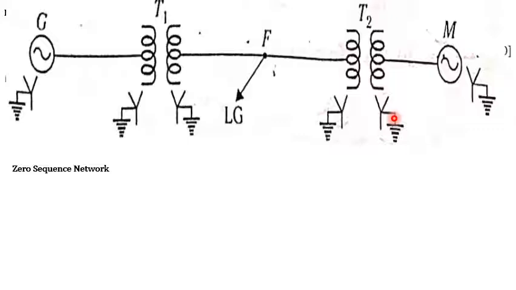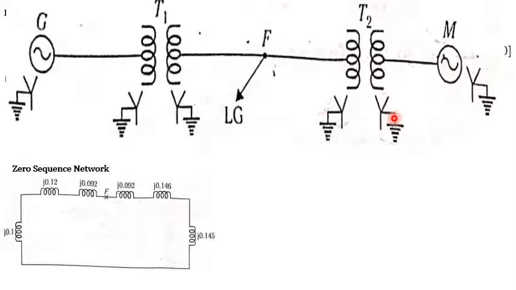So to draw the sequence network diagram, there is a series connection from the generator to transformer T1, here series connected, and for the transmission line, transformer T2 and the motor. The motor is solidly grounded through a ground point. Hence everything is connected in series, and there is a fault at this point. Based on this diagram only, we are going to draw the zero sequence network diagram.